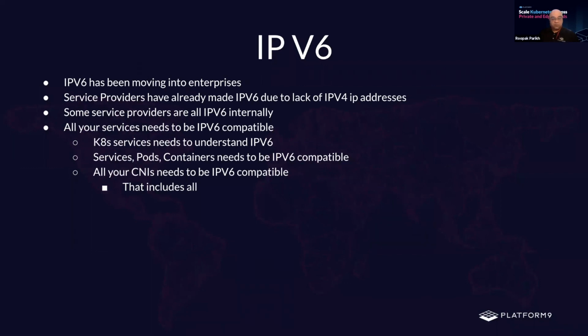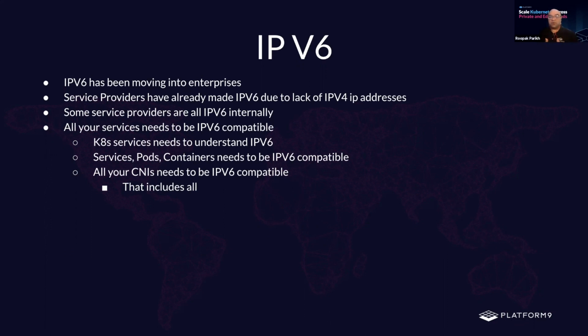Which means if you want to run Kubernetes in those environments, you really need to have Kubernetes support IPv6, which means all the Kubernetes services need to support IPv6. The networks that you create, we spoke about SRIOV and a bunch of networking technology, all of them need to support IPv6. Your application needs to support IPv6 if you're a vendor supplying these applications to these customers.